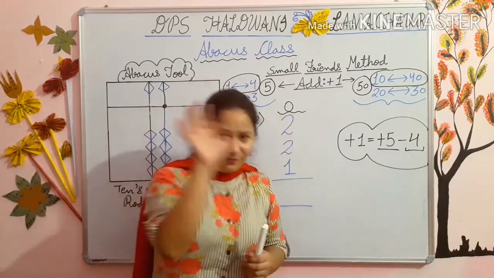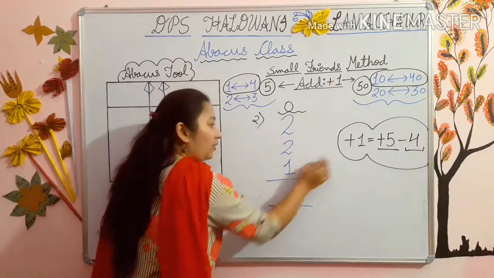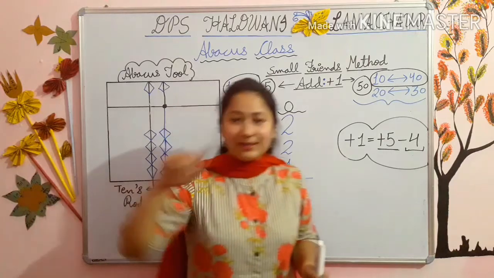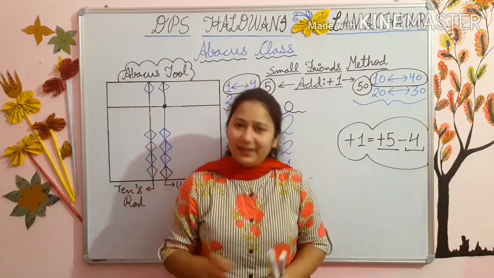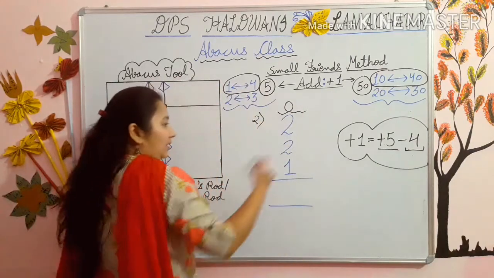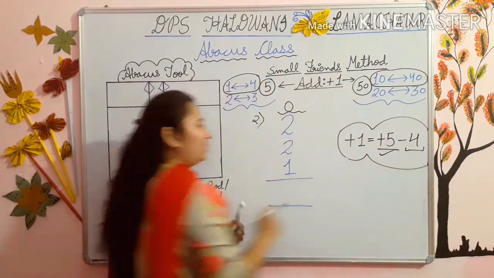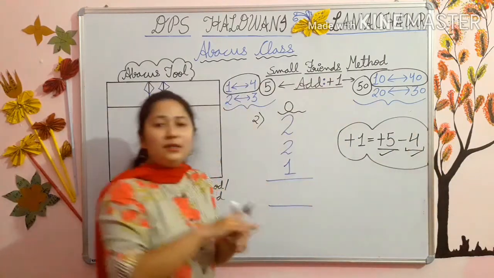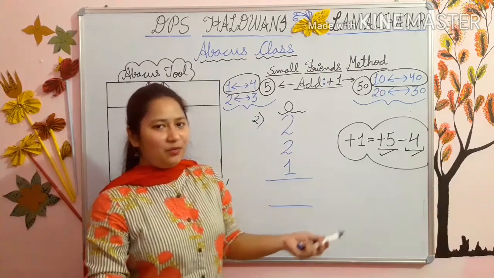So you will add 5 and you will subtract your friend. Now what is the friend of 1? The friend of 1 is 4. So you will subtract 4. Yes. See, first of all you will add 5 and then you will subtract 4 means you will minus 4 and your 1 is added. Nothing you have to do.